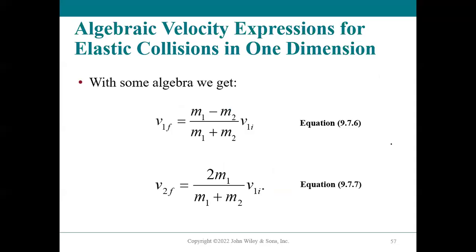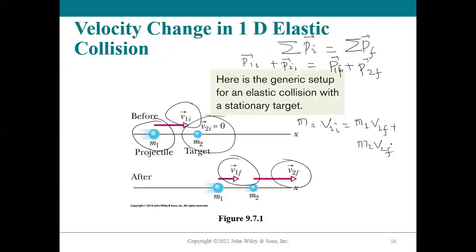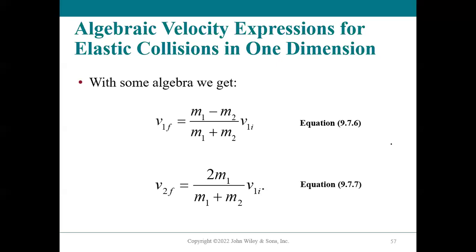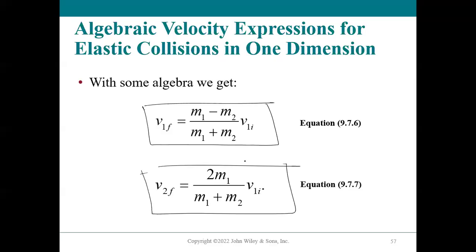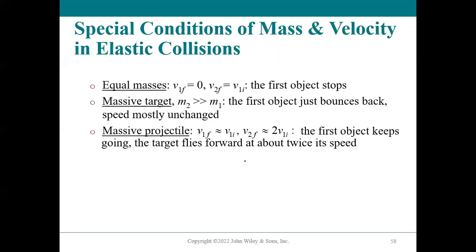With some algebra, we get v1 final equal to (m1 minus m2) divided by (m1 plus m2) times v1i, and v2 final is equal to 2 m1 divided by (m1 plus m2) times v1 initial.